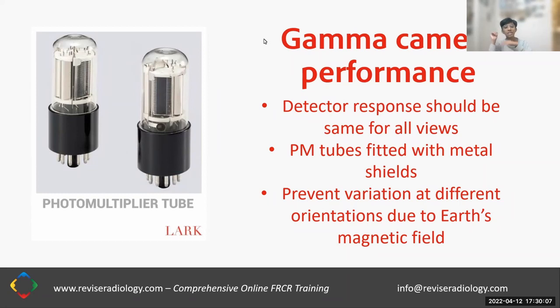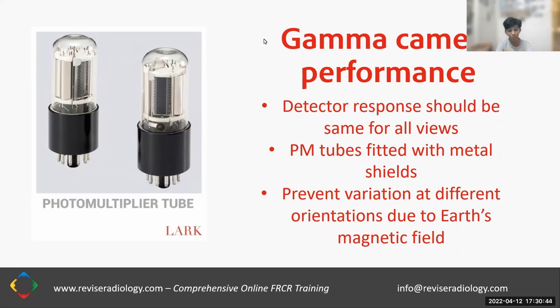Another thing is that since the camera orientation is changing, because the cameras are physically moving around the patient, in order to have the same response, the photo multiplier tubes within the cameras are fitted with metal shields. The orientation of the photo multiplier tube with respect to the Earth's magnetic field is also changing, and this can produce variations which will give you different responses depending on the orientation of the camera head.